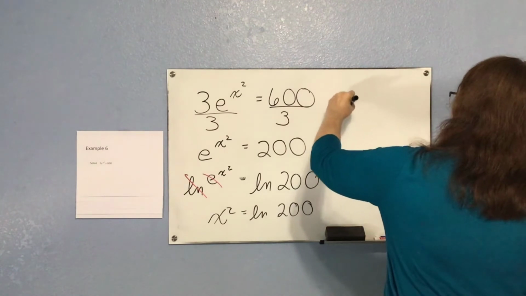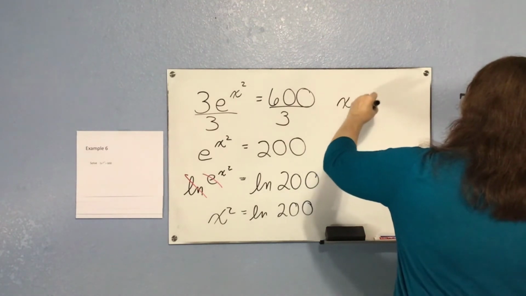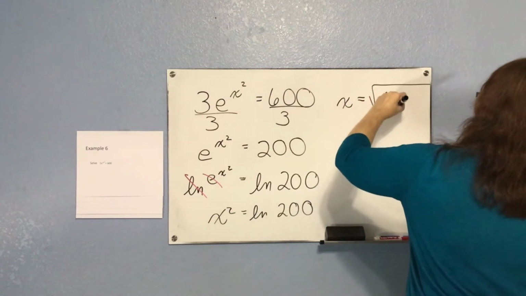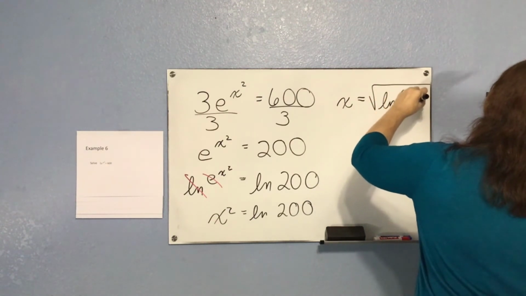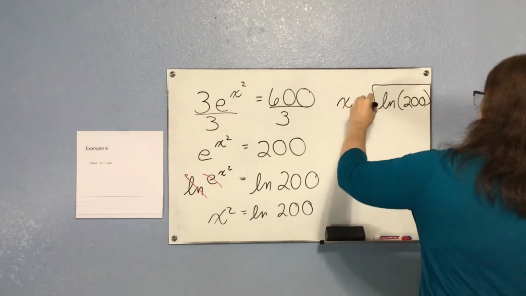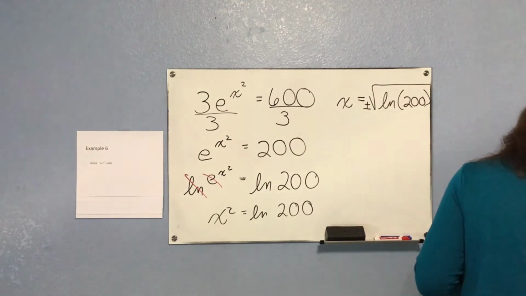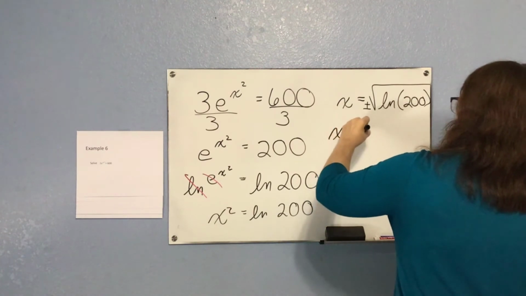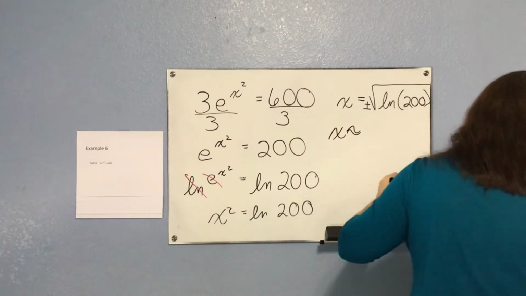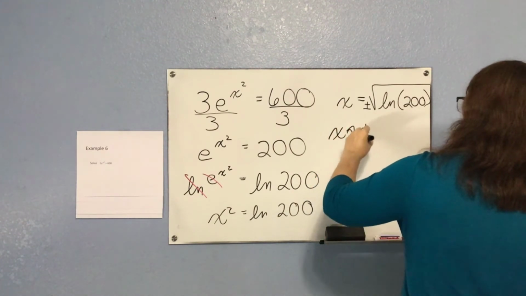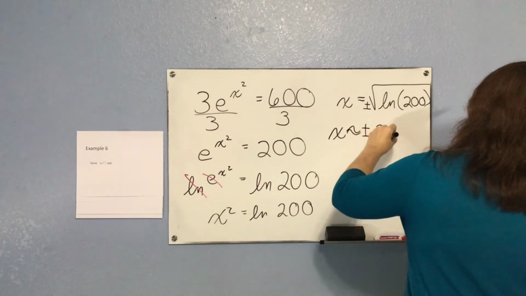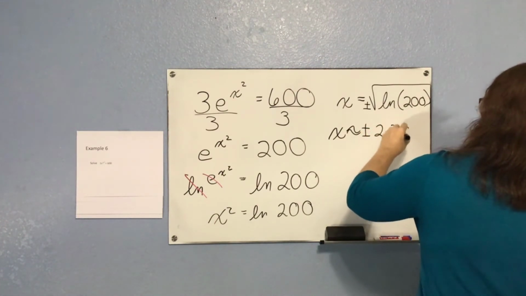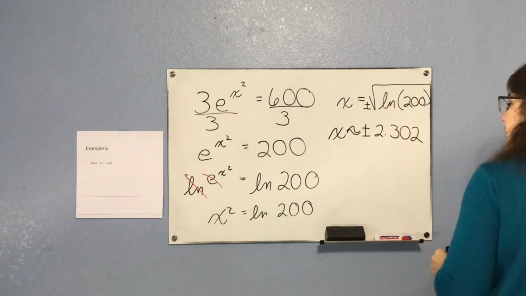So then I can write x, I'm going to take the square root of both sides, equals the square root of the natural log of 200. And we'll make this plus or minus. And x is approximately equal to plus or minus 2.302.